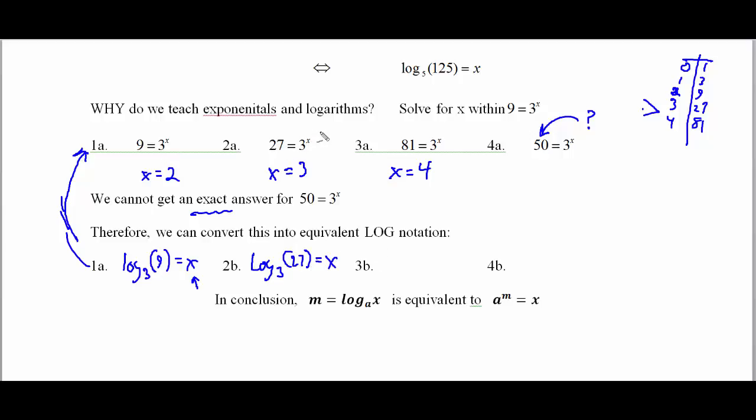So by converting this, I can now get the x by itself, whereas up here, you couldn't do it, not without the power of logarithms. Here, log base 3 of 81 is going to be equal to 4, or x in this case.